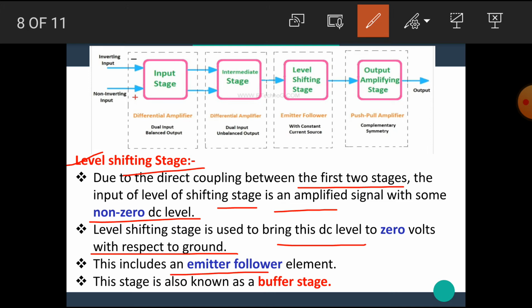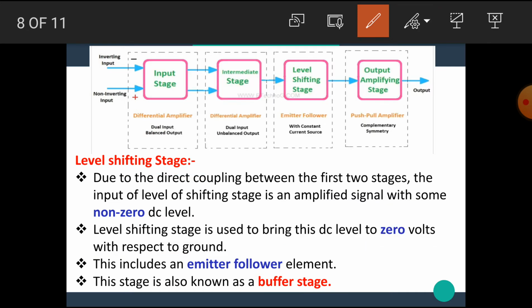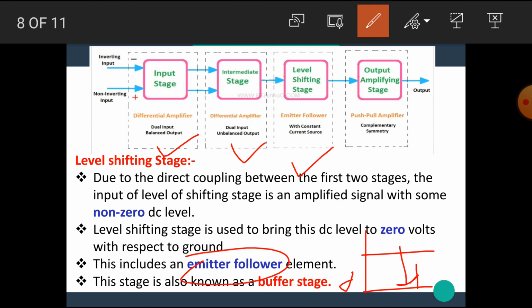This stage is also known as the buffer stage. That means the first two stages are directly coupled with each other. Due to this, the DC level is well above the ground level. To bring back this DC level towards the ground, we use the level shifting stage, which is the emitter follower element and which is also known as the buffer stage.